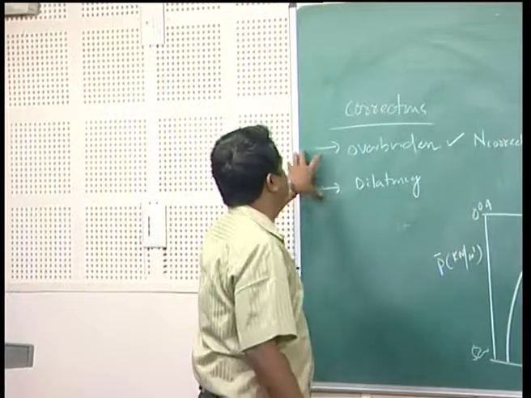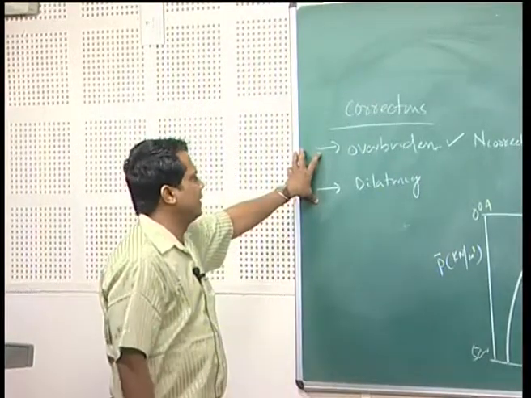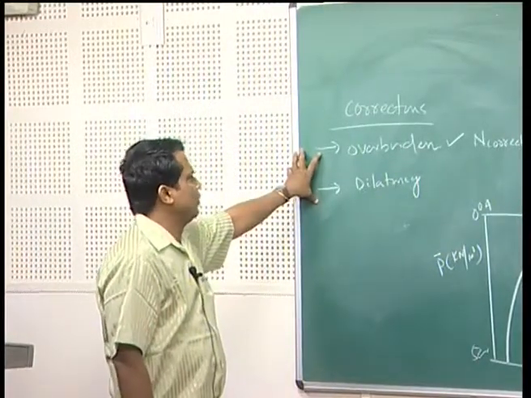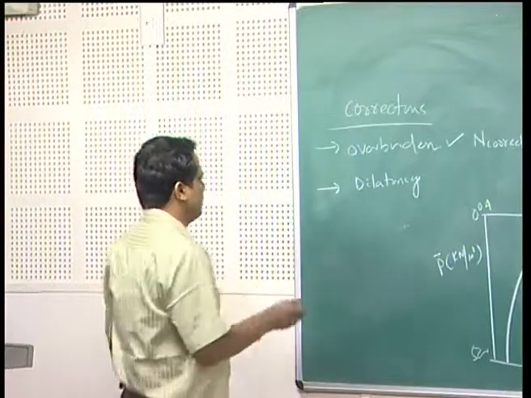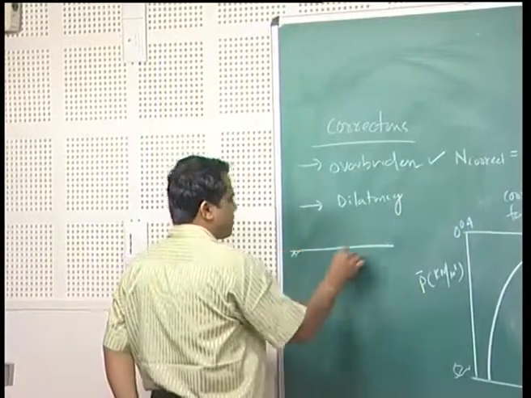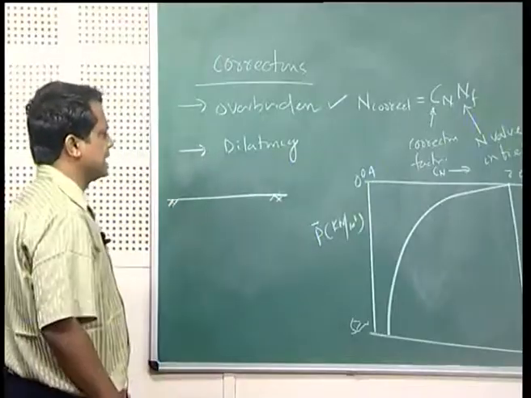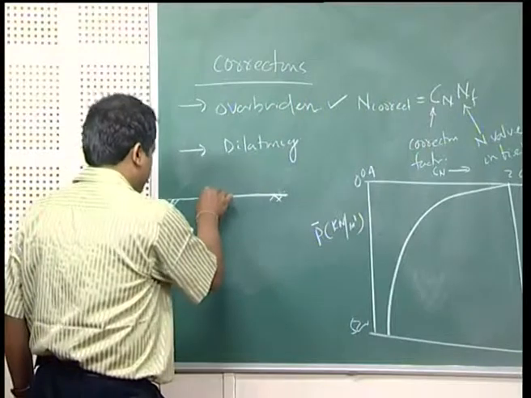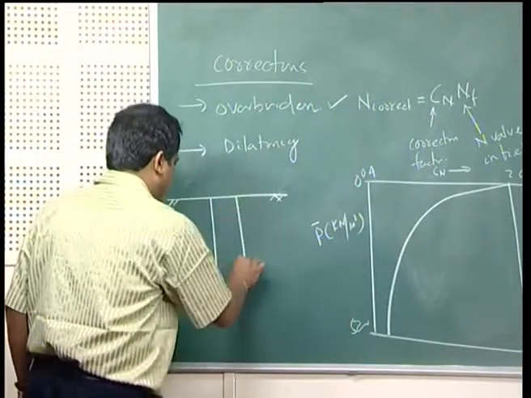Now there are two corrections, one is overburden, the other is dilatancy. Why are these corrections required? If you look at how this standard penetration test is conducted, first a borehole is made up to that depth.